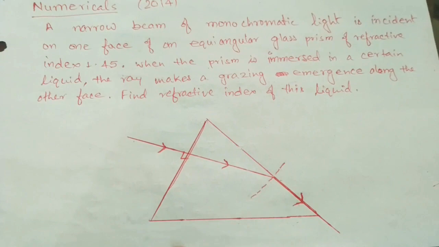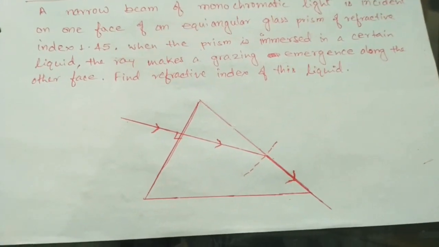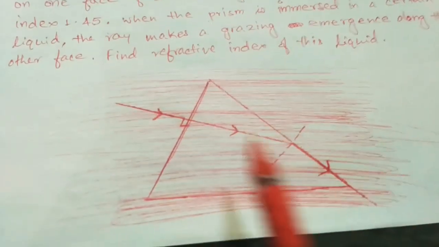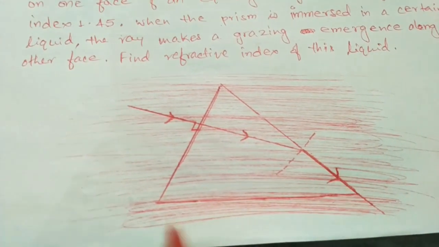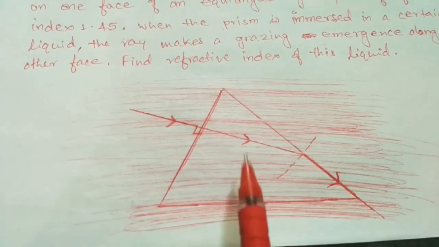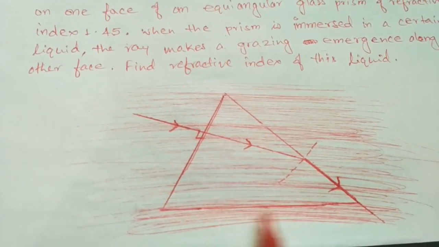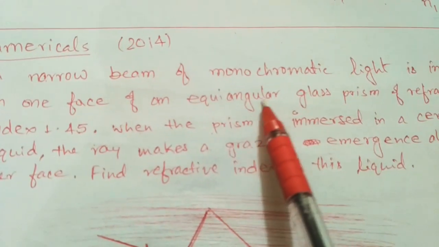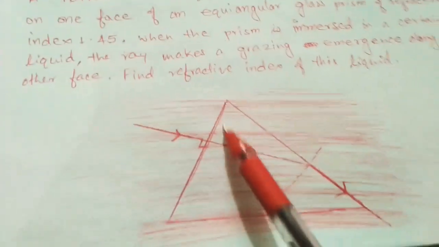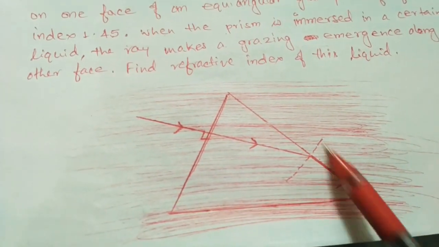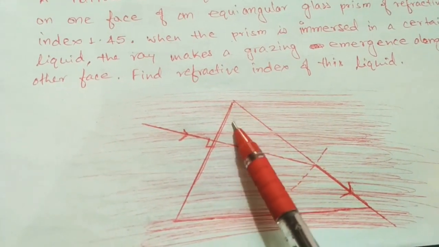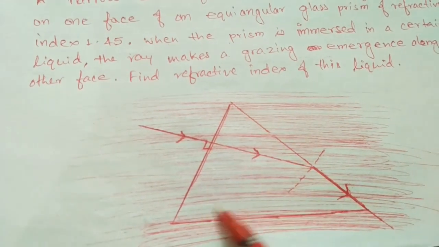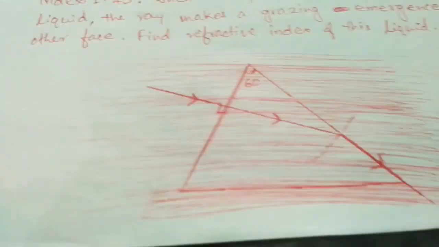So let's first draw the liquid medium outside this prism. Now consider this prism is placed inside the liquid. These lines show the medium in which this glass prism is placed. As given in the question, equiangular prism means this triangle is an equilateral prism, having each angle 60.